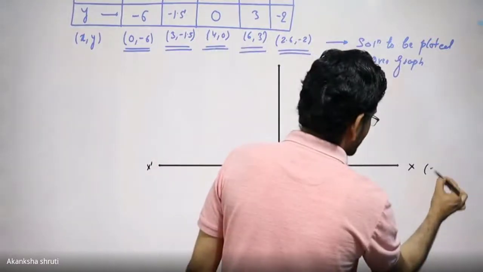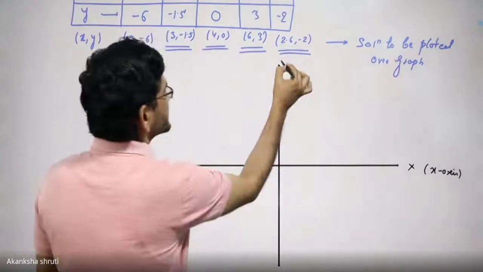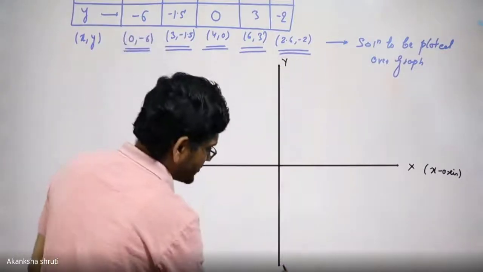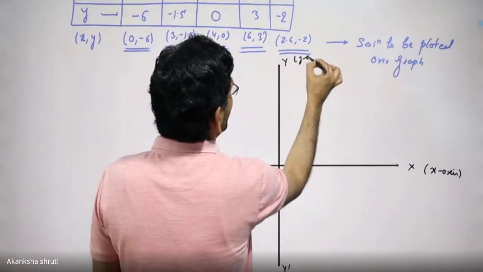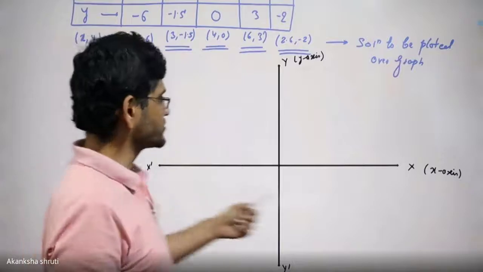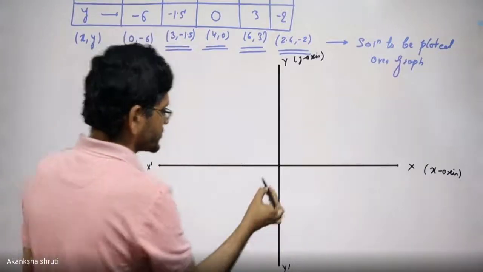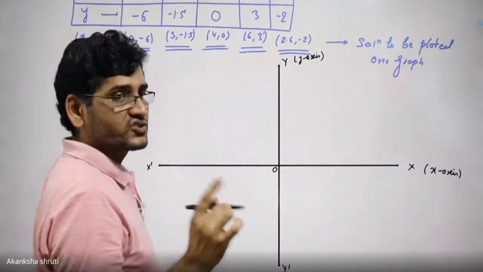This is our x-axis. Students, this vertical line marked as y dash is called our y-axis. Now, students, the point where these two lines intersect is called the origin, and its coordinate value is 0.